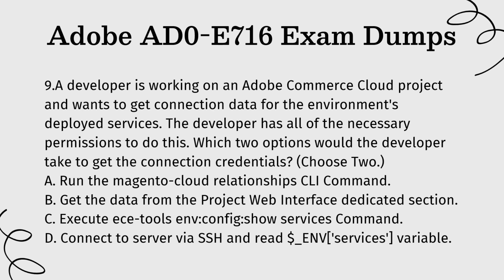9. A developer is working on an Adobe Commerce Cloud project and wants to get connection data for the environment's deployed services. The developer has all of the necessary permissions to do this. Which two options would the developer take to get the connection credentials? Choose 2. A. Run the magento-cloud relationships CLI command. B. Get the data from the project web interface dedicated section.